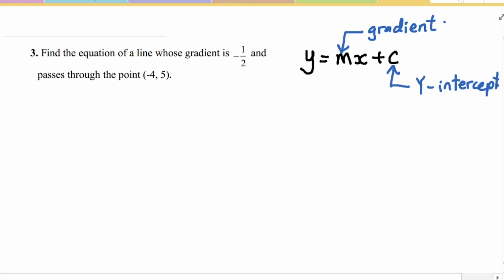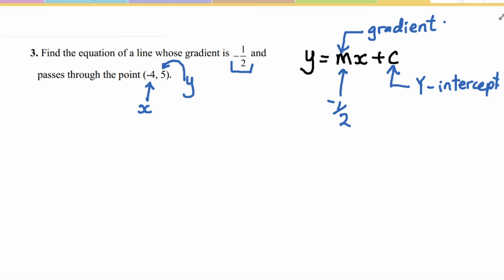So in this question, it says find the equation of the line whose gradient is -1/2. It simply means that we already know the value of m as -1/2, and it's passing through the point -4, 5. It means that -4 is our value of x and 5 is our value of y.